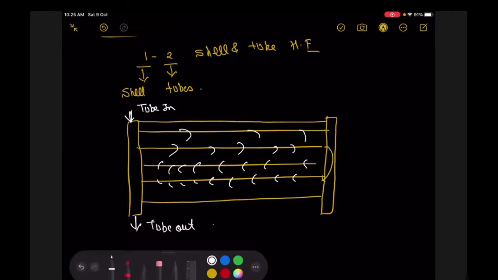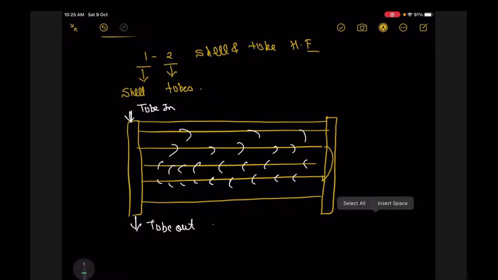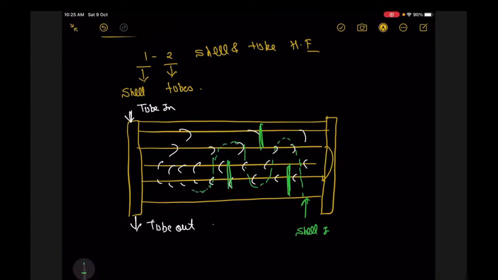Now we will see regarding the shell. There will be baffles. Okay, so shell in. This is shell out.